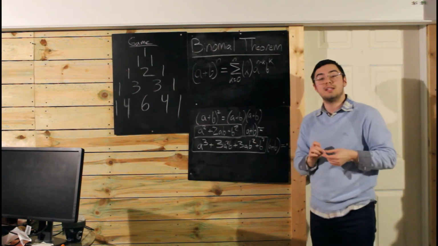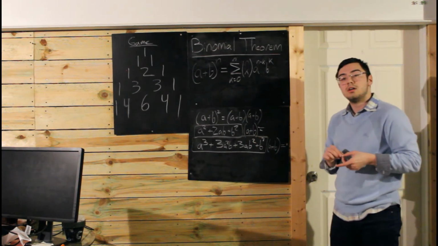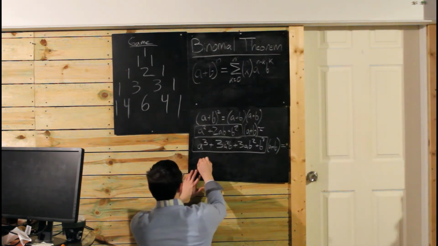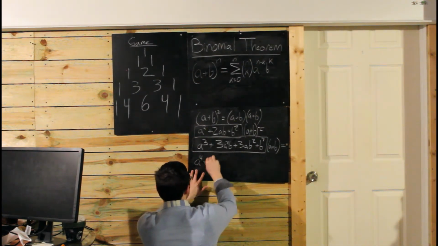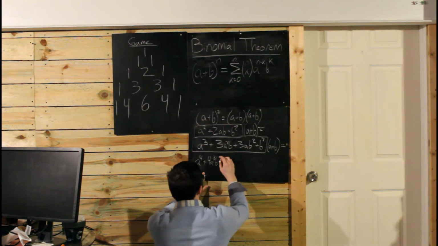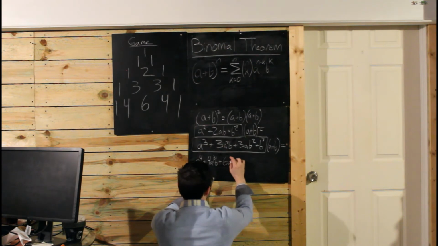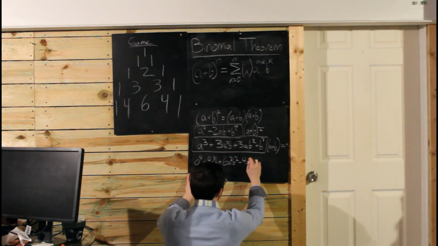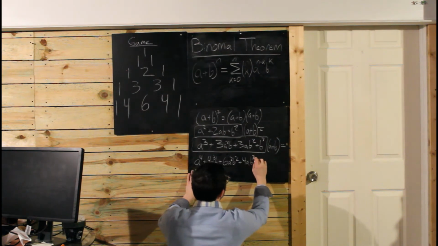Kaylee, why don't you go ahead and expand this one for us? Okay, a to the 4th, plus 4a cubed b, plus 6a squared b squared, plus 4ab cubed, plus b to the fourth.